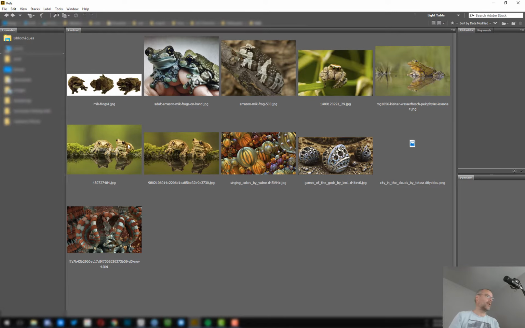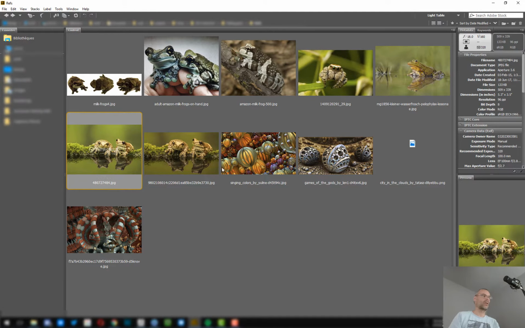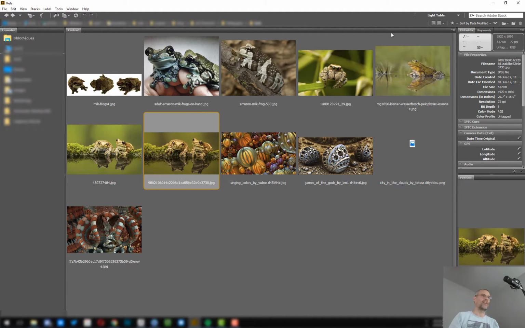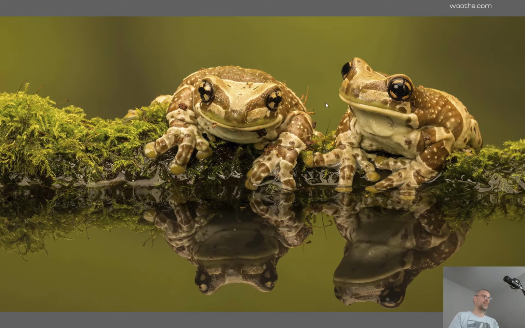So the other day I opened my computer, and in Windows 10 I have this Bing screen suggestion. The suggestion of the day was these two frogs, and I really loved what happened with this frog.